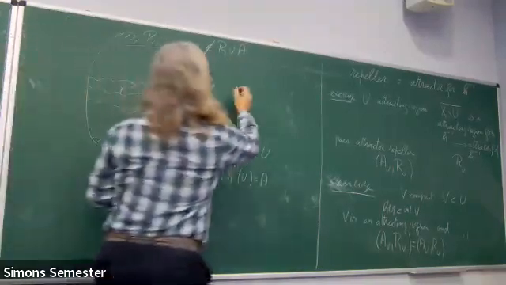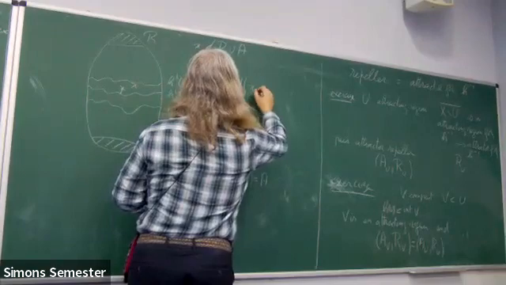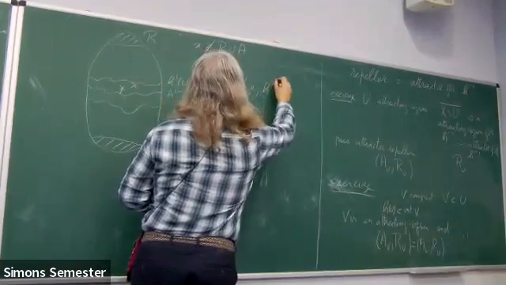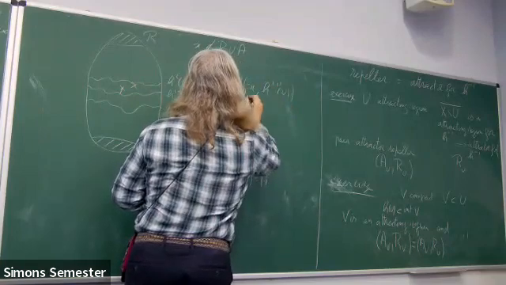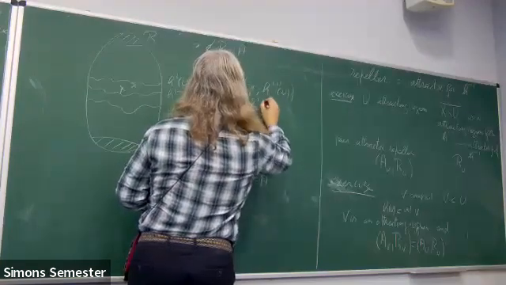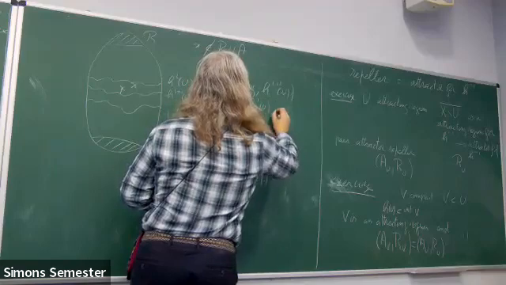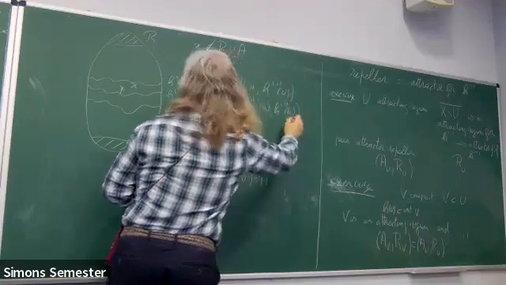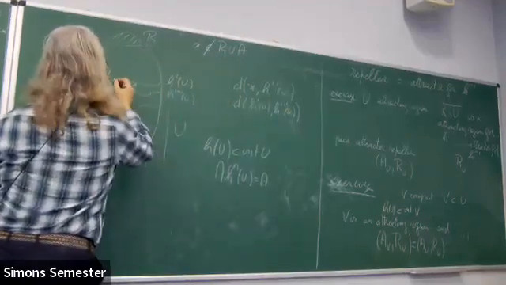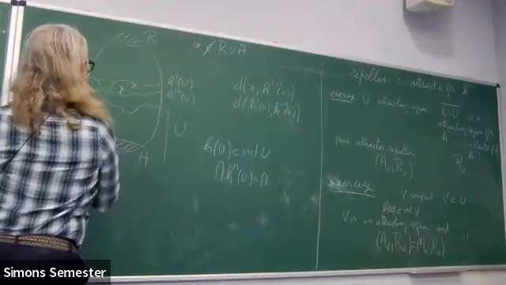So you look at the distance between X and H_{i+1}(U), and you consider the distance between H_i(U) and H_{i+1}(U). That is the infimum distance here, the infimum of this distance.